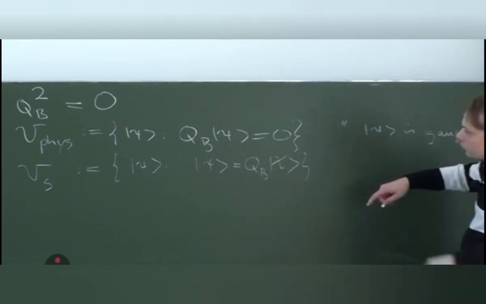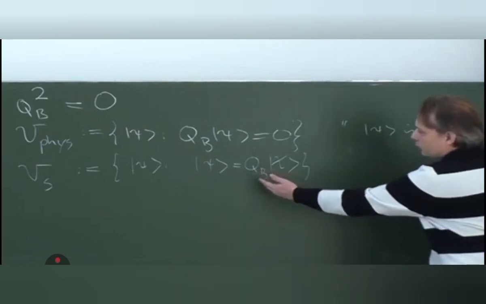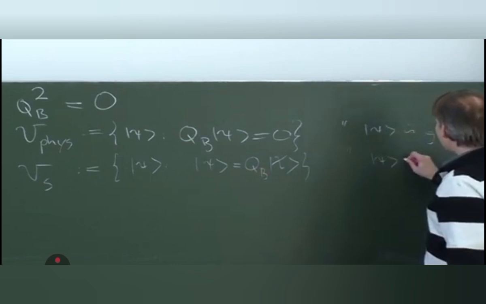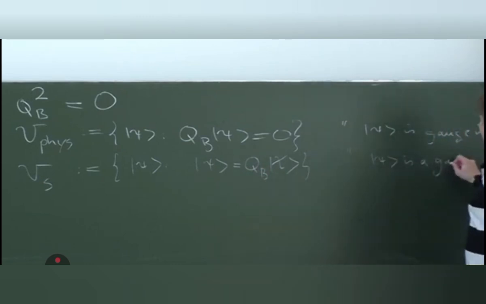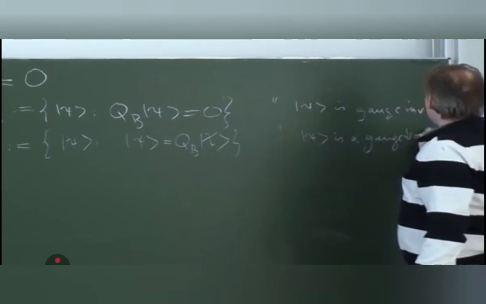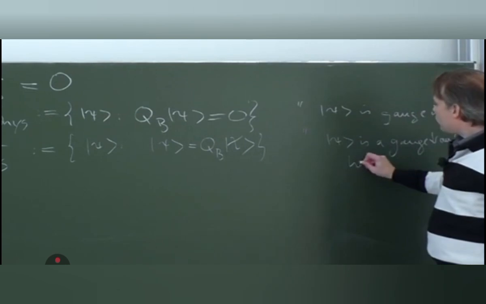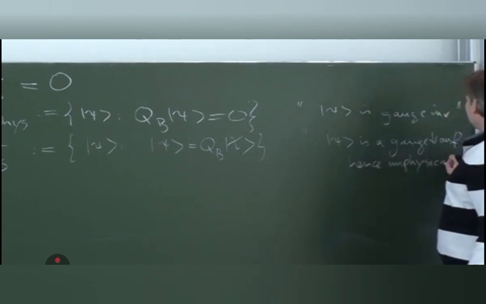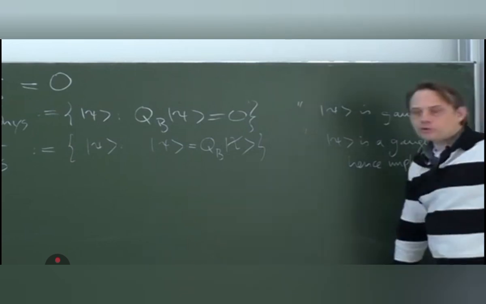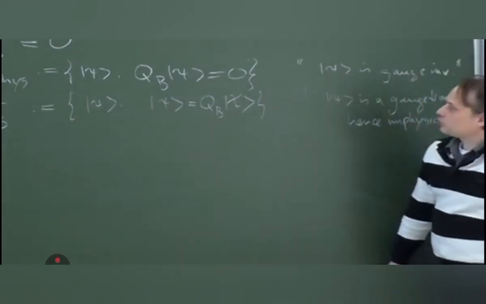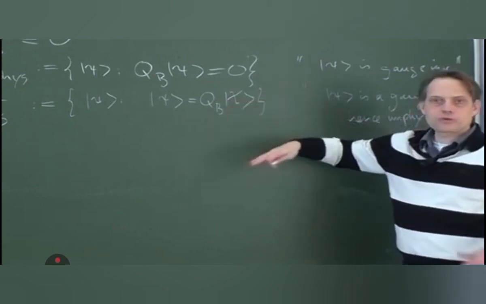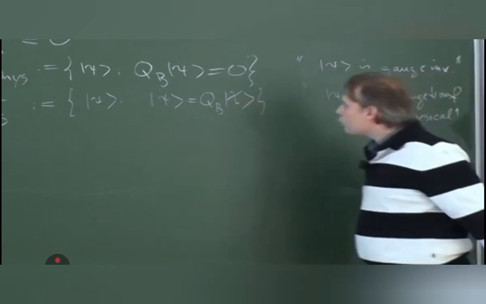And so you could interpret this by saying that this psi is a total gauge transformation. Is a gauge transformation and hence unphysical. So this is a loose interpretation of this definition. So you have gauge invariant states and unphysical states which can be written as a gauge transformation of something else.